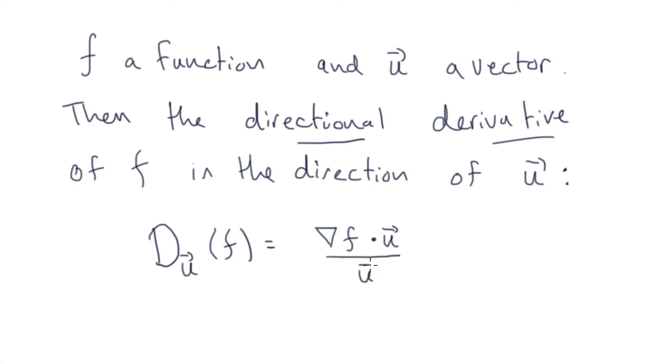What we really do is take the scalar projection of the gradient in the direction of u. So it's the dot product of the gradient with vector u divided by the length of u, and this really is just the component of the gradient that lies in the direction of u.